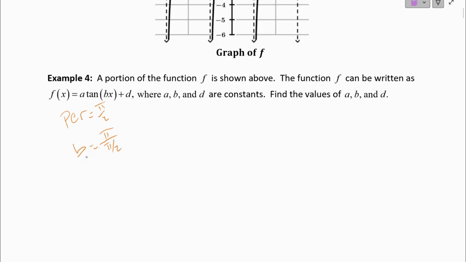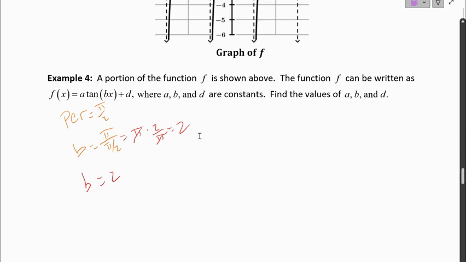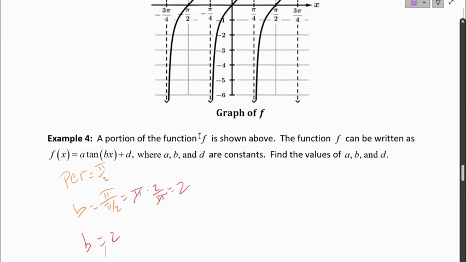So I can manipulate it as b equals pi over pi halves, and solve this by multiplying by the reciprocal. The pi's cancel, and my b value is 2.